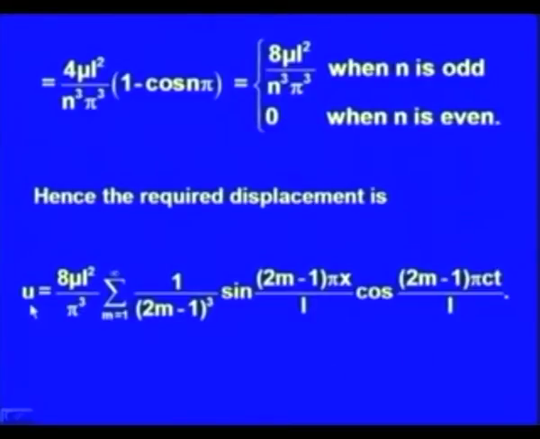Then u will be equal to 8 mu L square over pi cube, sigma m takes values from 1 to infinity, n is replaced by 2 m minus 1. So, we will get 1 over 2 m minus 1 whole cube into sin 2 m minus 1 into pi x over L, and cos 2 m minus 1 pi c t over L.